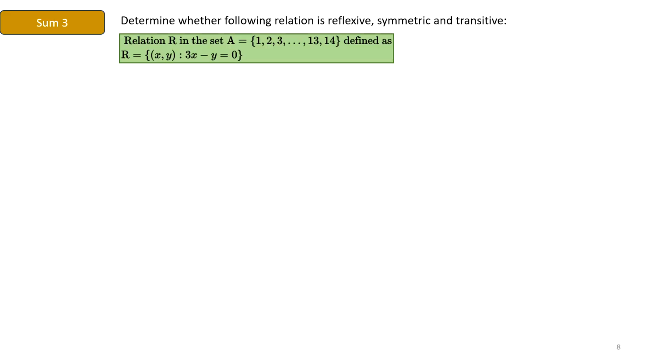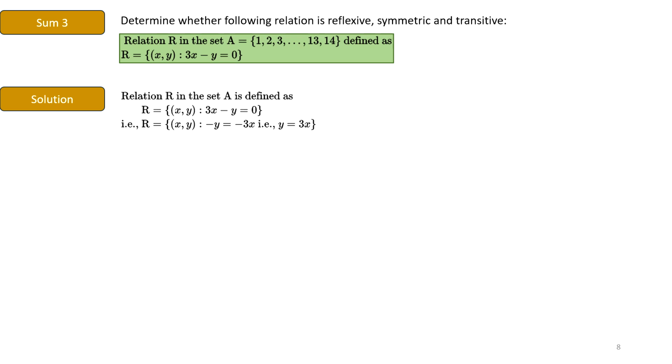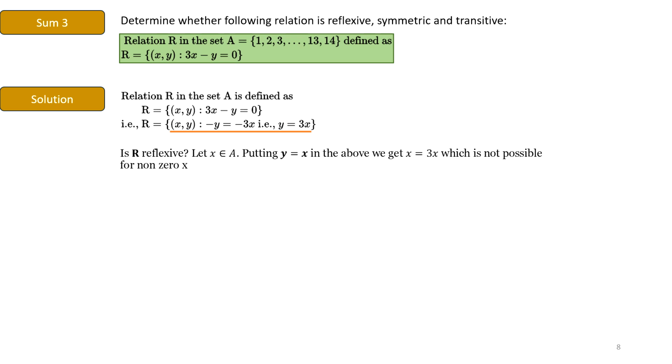Let R be a relation in set A such that R is defined as (x, y) where 3x minus y is equal to 0. Determine whether R is reflexive, symmetric, or transitive. R is not reflexive, as putting y equal to x in the above equation, we get x equal to 3x, which is impossible.